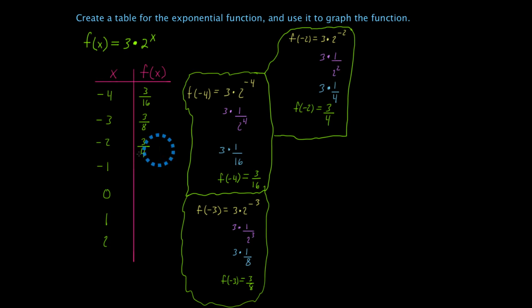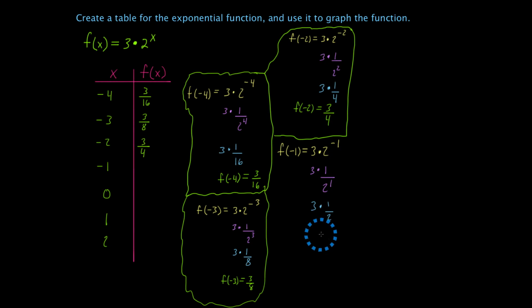When x is -1, so f of -1 is equal to 3 times 2 to the -1. So now I have 3 times 1 over 2 to the first power, which is simply 2. So we have 3 times 1/2.